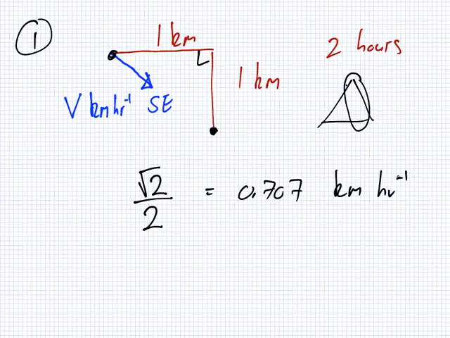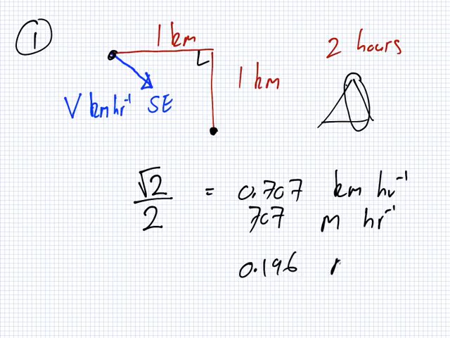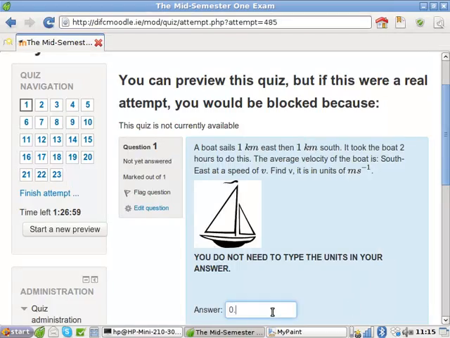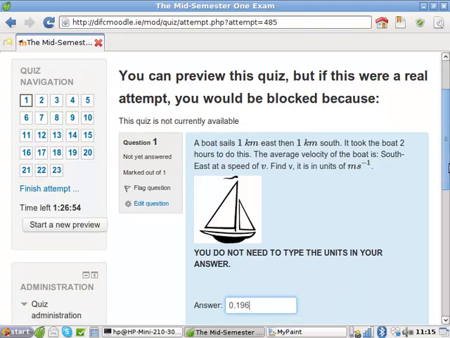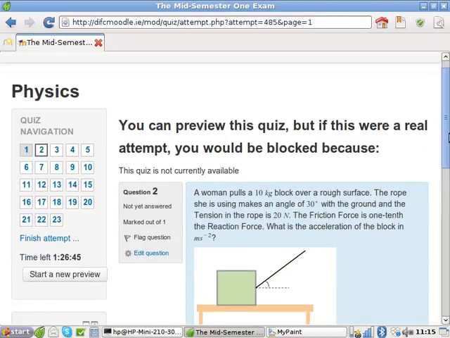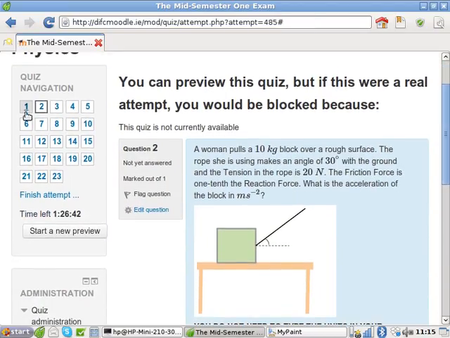And so that's 707 meters per hour, which is 0.196 meters per second. Let's see. What did I just say? 196. You can have a look at your responses if you want to open them up. You think you got it right?